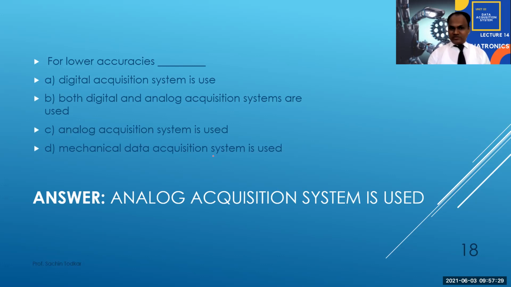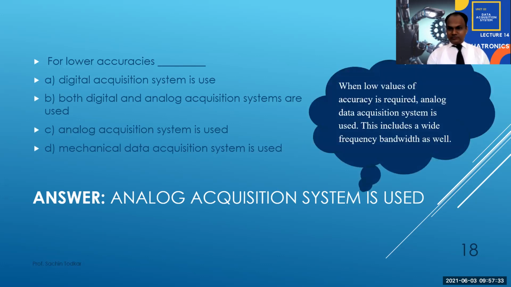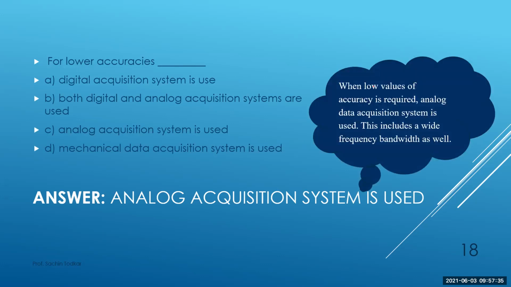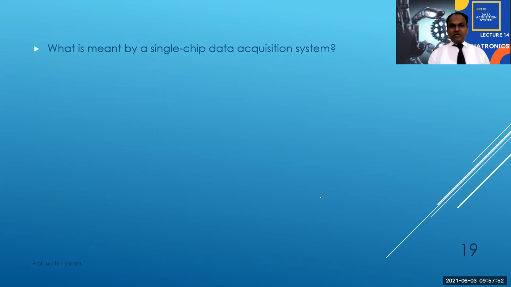The accuracy will be low, but the bandwidth will be more. So I'll just write this. When low values of accuracy are required, analog data acquisition system is used. This includes a wide frequency bandwidth as well. So wide frequency bandwidth will be an additional benefit of this analog acquisition system. That is to be remembered.